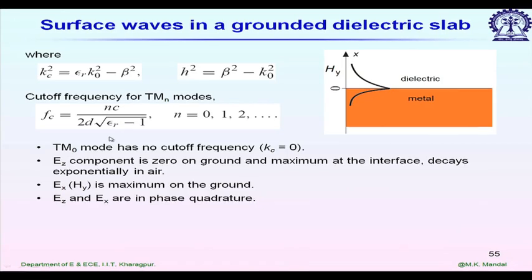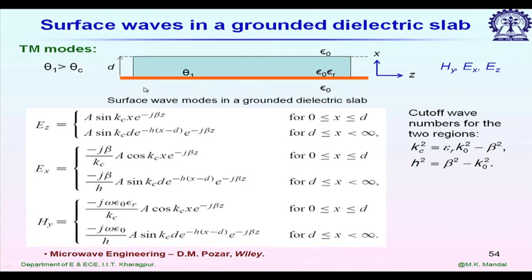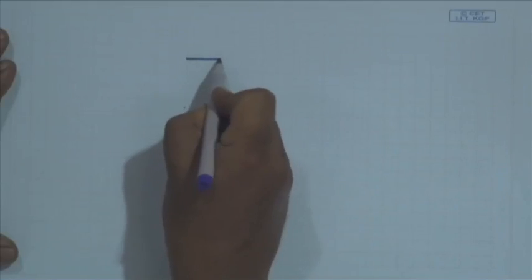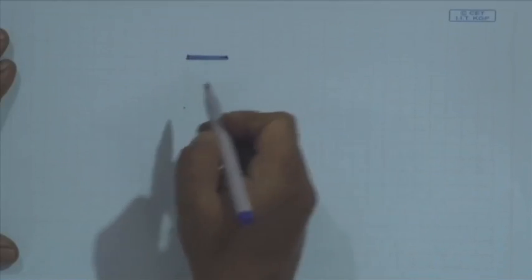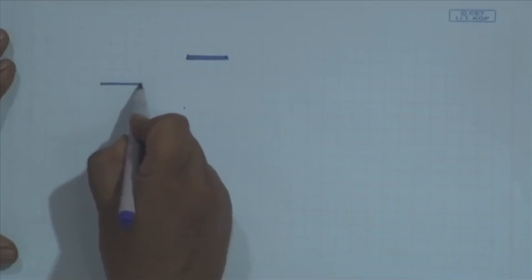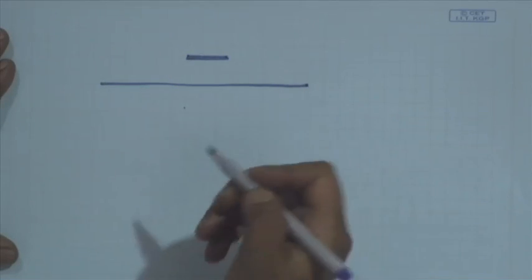Now, this TM0 mode has a detrimental effect for microstrip lines. Why? Let us take one example. If I plot the electric field of a microstrip line, how does it look? Let us say this is the top strip and this is the ground plane.